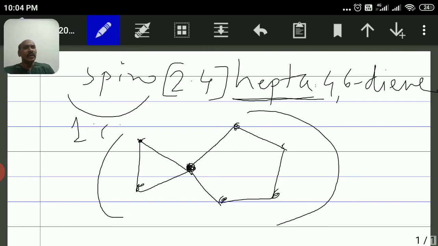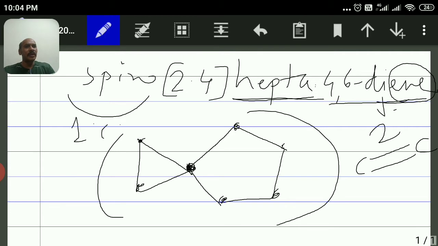Okay, then there is a change in suffix. The suffix is ene. En stands for carbon double bond carbon, and di stands for two times carbon double bond carbon, and their positions are there: one double bond starting from carbon number 4, another double bond starting from carbon number 6.